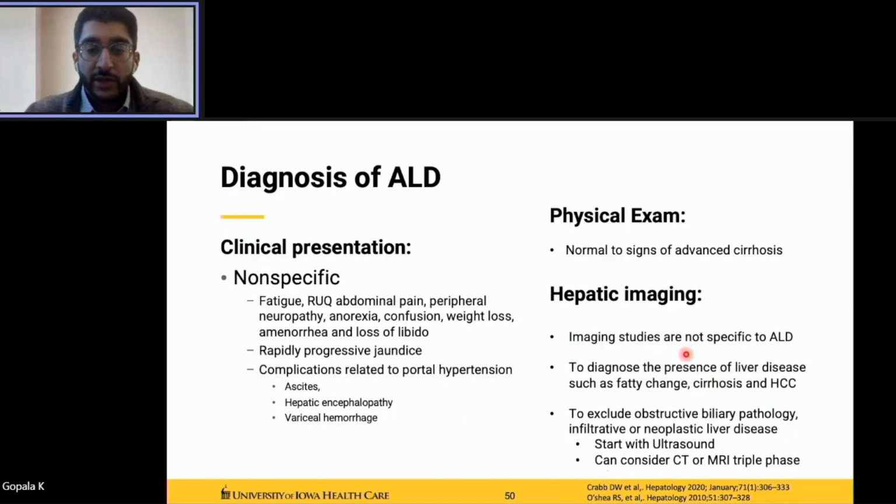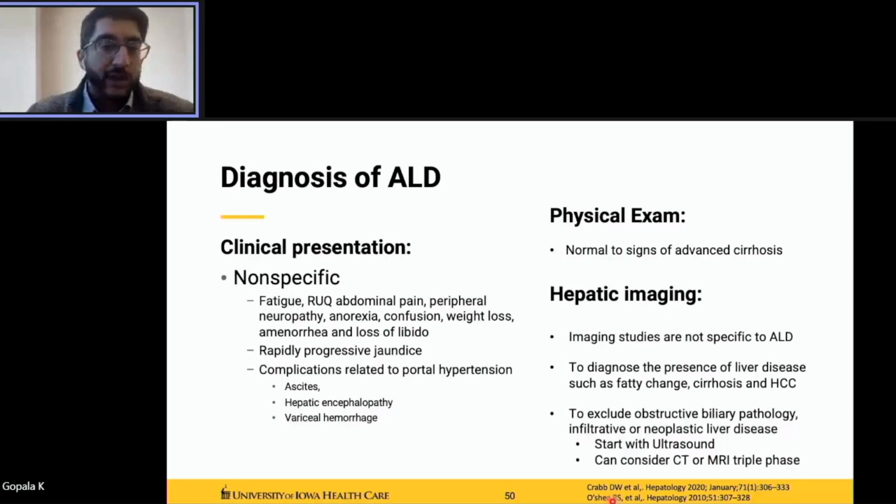And imaging can be nonspecific sometimes as well. I would recommend, if we're suspecting liver disease, to do an ultrasound to exclude any obstructive pathology. And if needed, a CT or MRI triple phase, which is a liver scan, if they need to be screened for liver cancer.